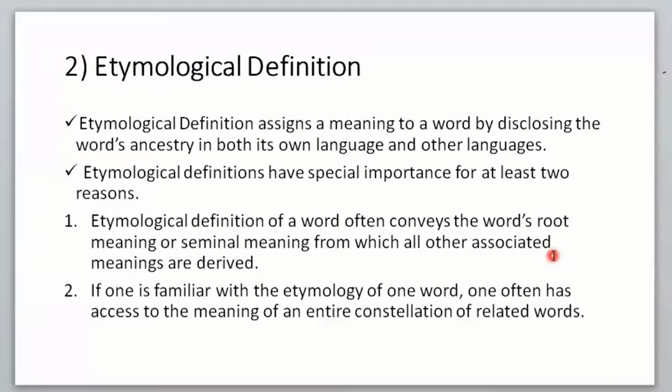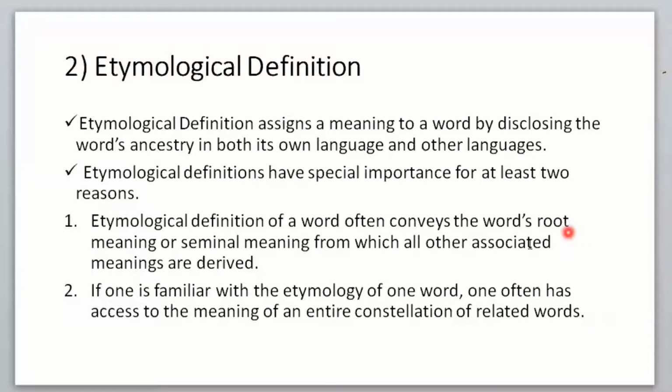So if we understand the root meaning of that word, it will help to understand the associative meanings that are derived from this one. The second advantage is that if one is familiar with the etymology of one word, one has access to the meaning of an entire constellation of related words.